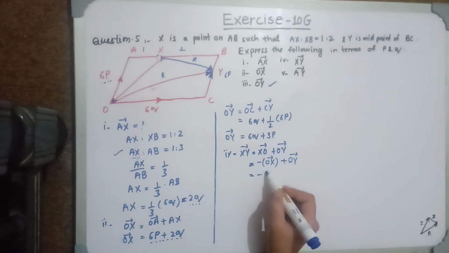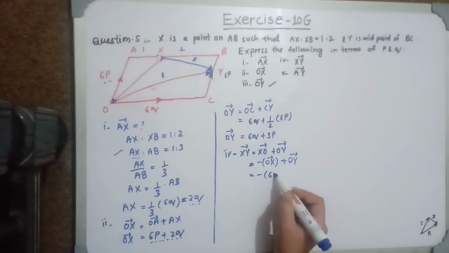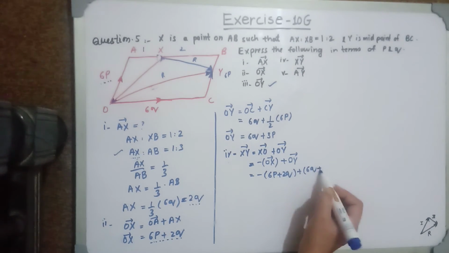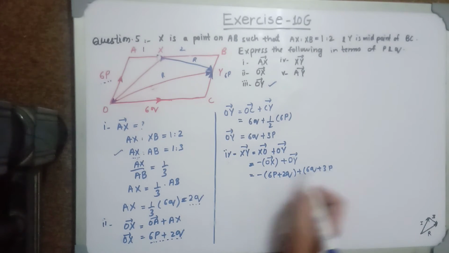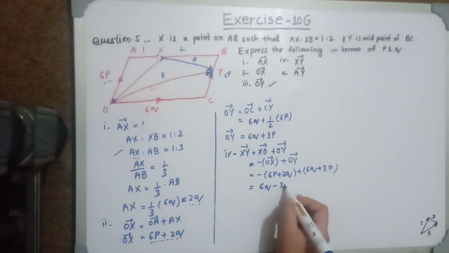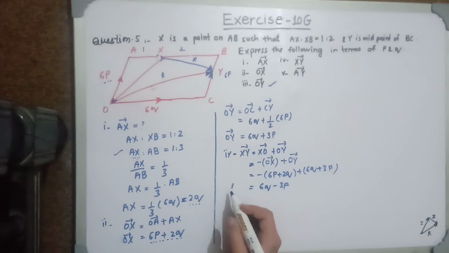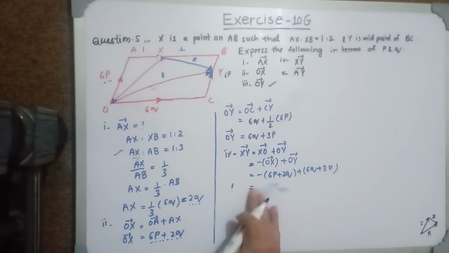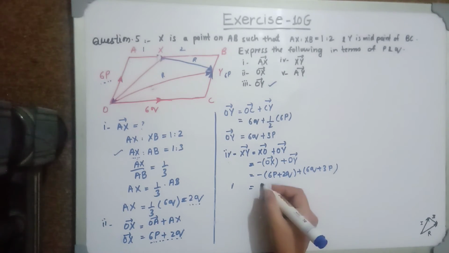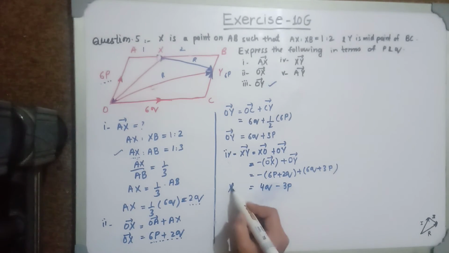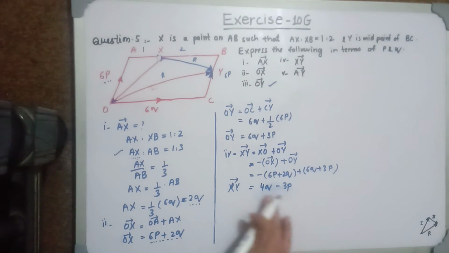So minus into OX, which is 6P plus 2Q, plus OY, which is 6Q plus 3P, right? And on simplifying it, you will get 6Q minus 3P, which is equal to XY. Sorry, it comes out to be, on simplifying, 4Q minus 3P, which is XY. So we expressed the XY vector in terms of P and Q, right?